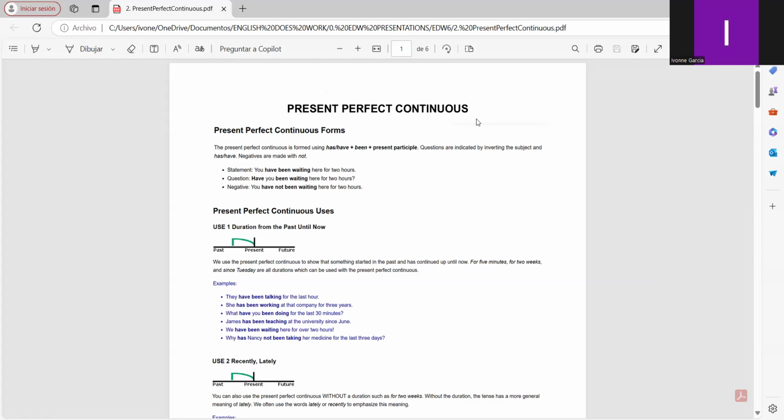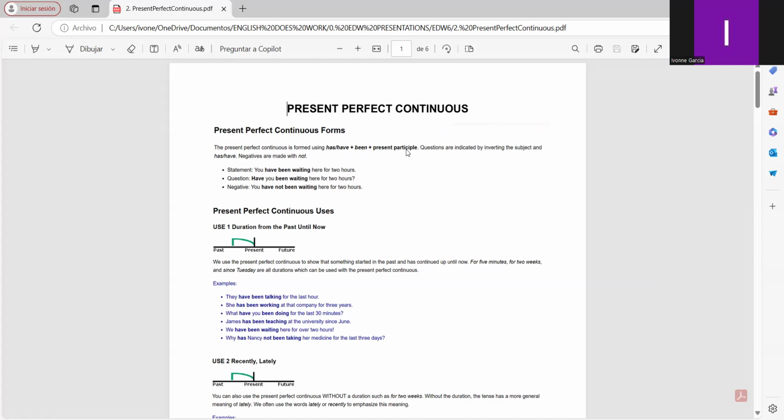Do you remember the present continuous? I am talking. You are studying. So, as we have the perfect tense and a continuous tense, we have two auxiliaries. That's why we have here has, have, been, the verb to be, and the present participle. The present perfect continuous is formed using has, have been, present participle.